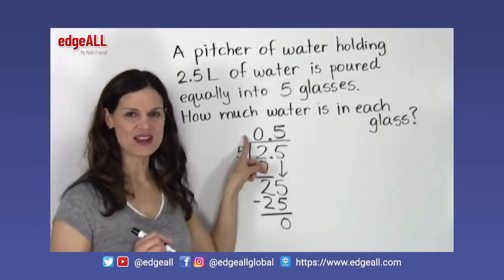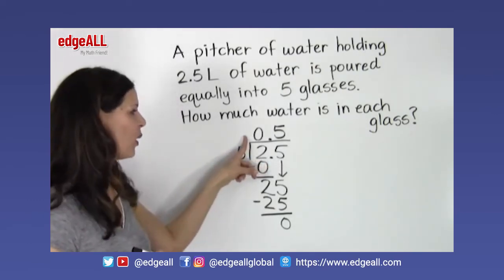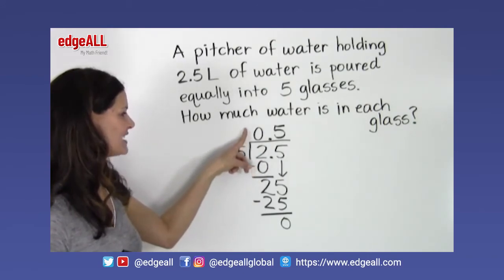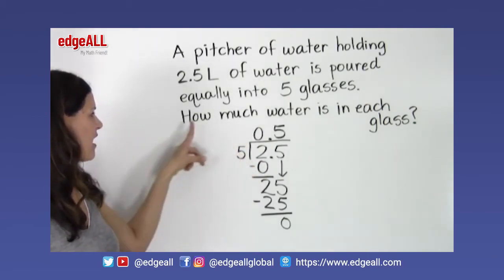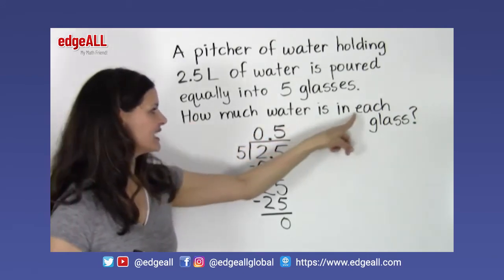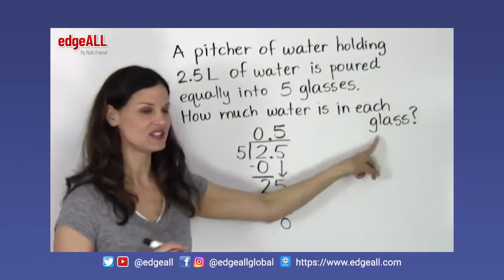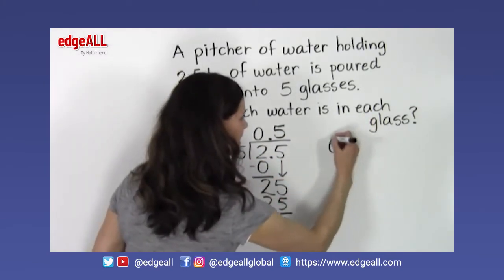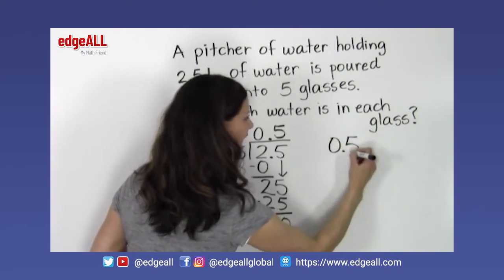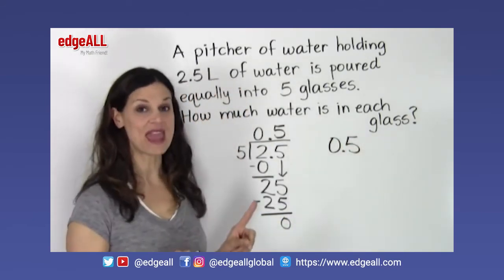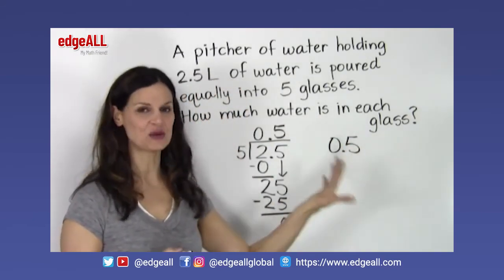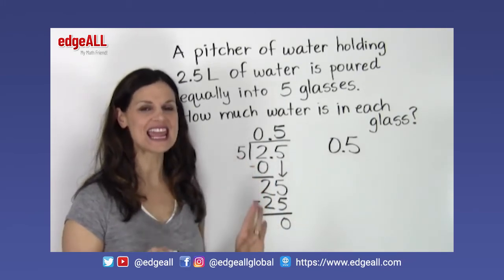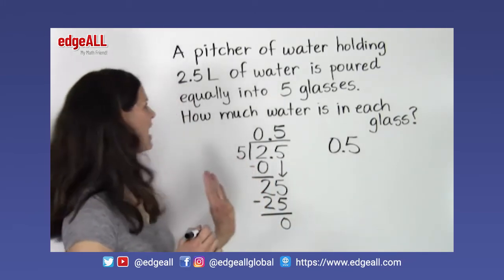Now I need to be very careful though that when I report this answer and I give my solution of how much water is in each glass, that I don't just simply put 0.5 as my answer. I need to make sure that my answer or my quotient has retained the units of my problem.